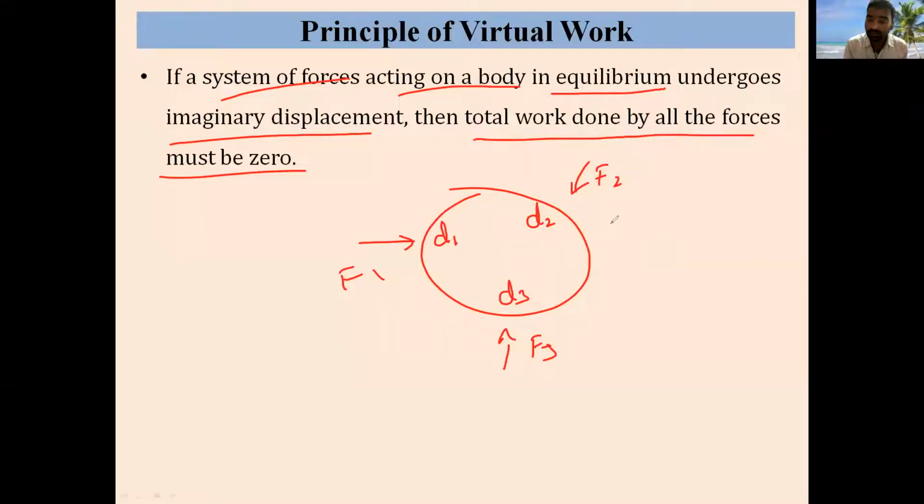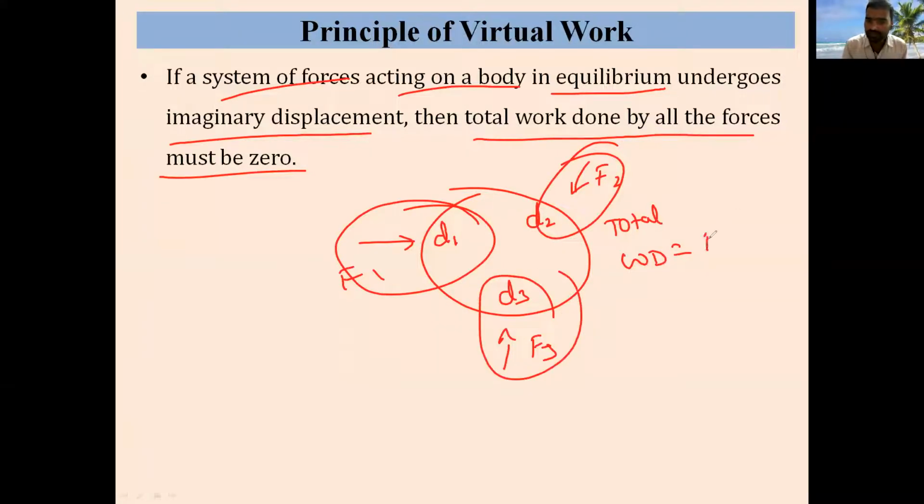Then the total work done is the algebraic sum of these works, that is F1 d1 plus F2 d2 plus F3 d3. This is what is called the principle of virtual work.